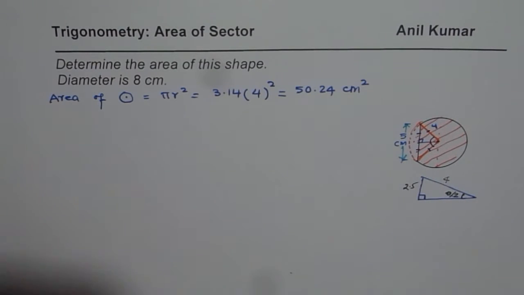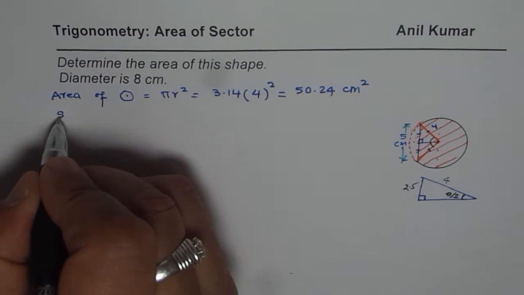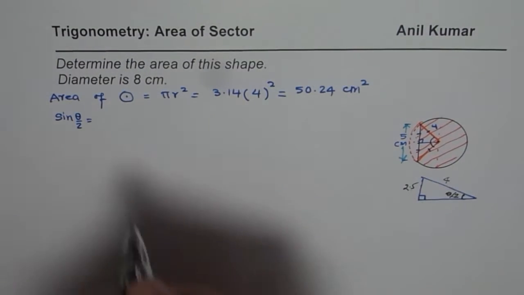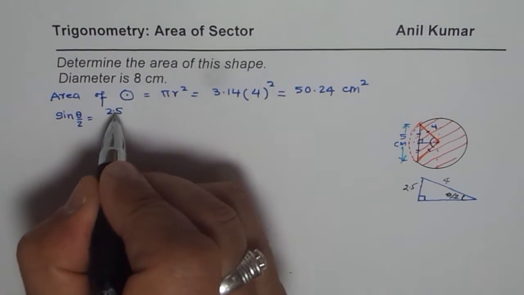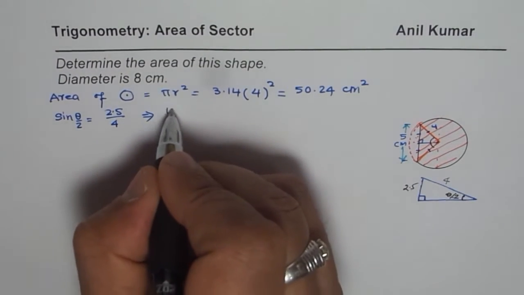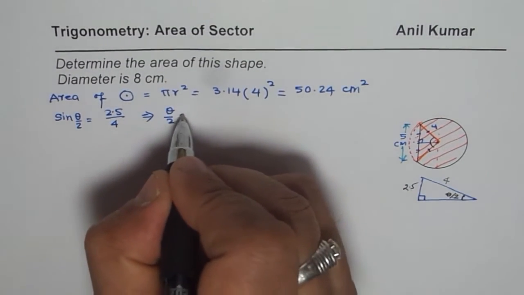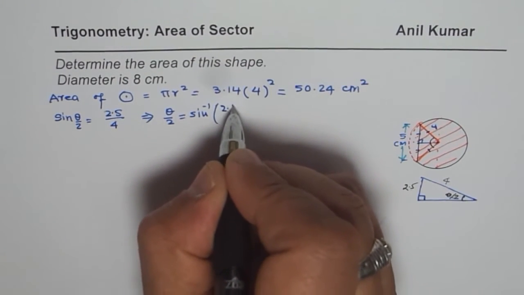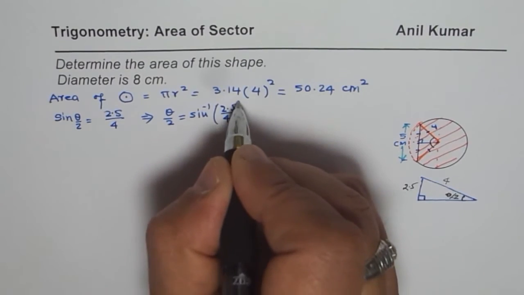So sine of theta by 2 is opposite over hypotenuse, which is 2.5 over 4. So theta by 2 is equal to sine inverse of 2.5 divided by 4.